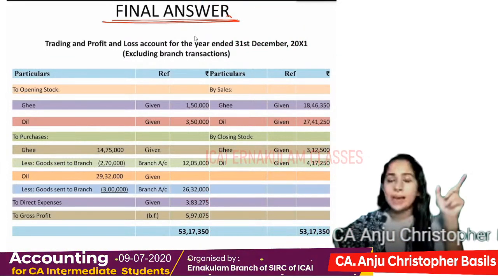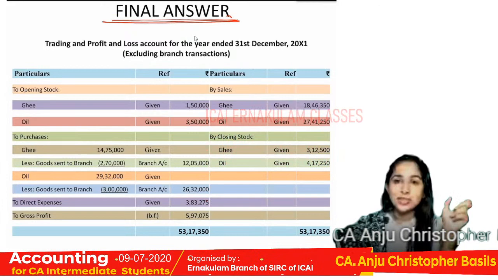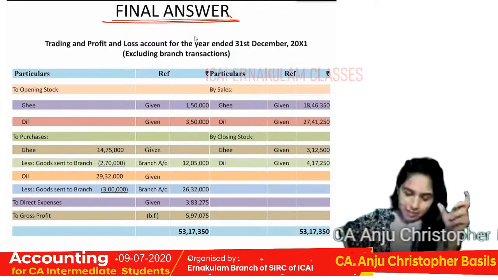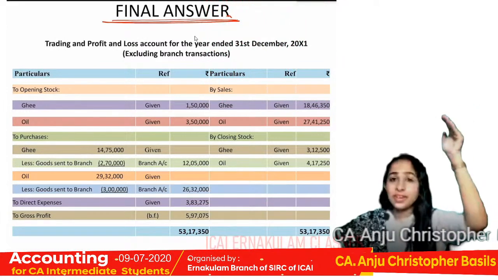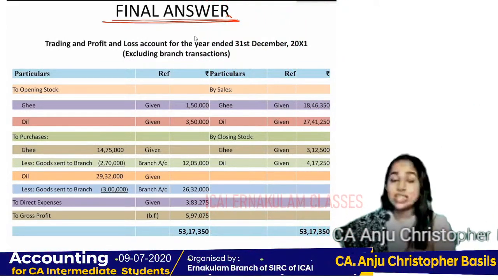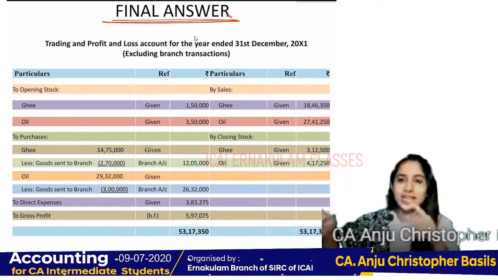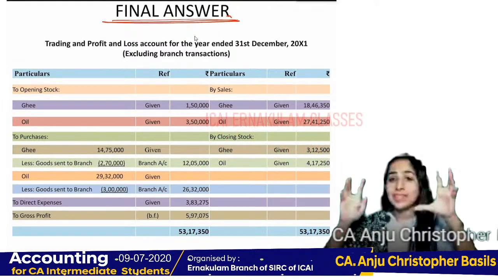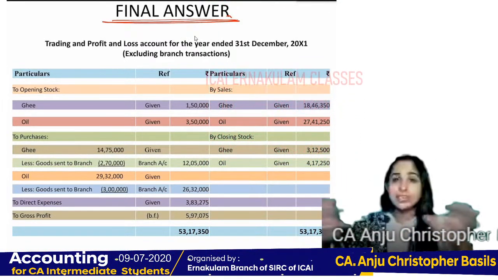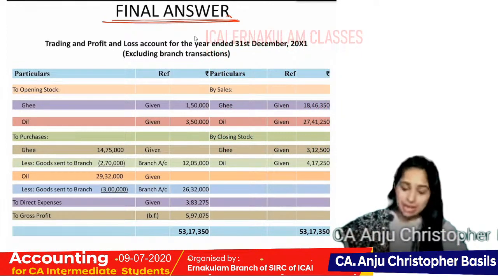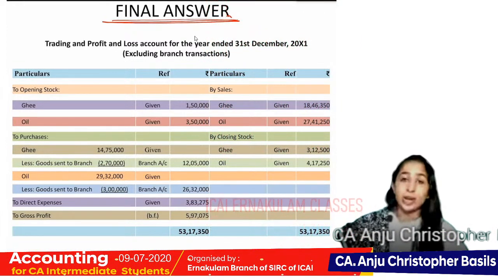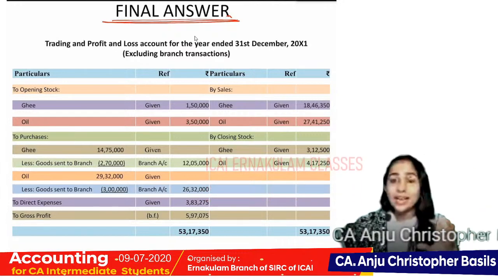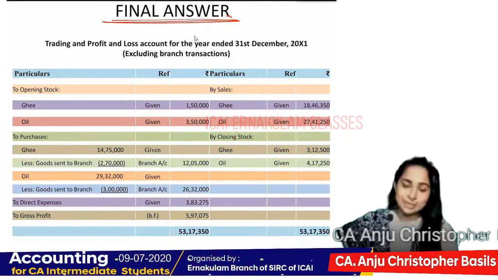Because we have already learned, the petty cash amount is also given. Petty cash opening you will be writing, the cash collected you will be writing, and you will be writing the closing. The actual petty cash expense you will not be routing through. Similarly, for the other expenses, the rent, salaries and annual insurance, those are met by the head office, so we will have to write that as an expense.